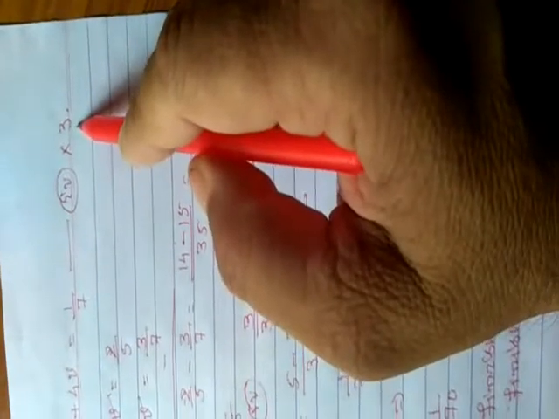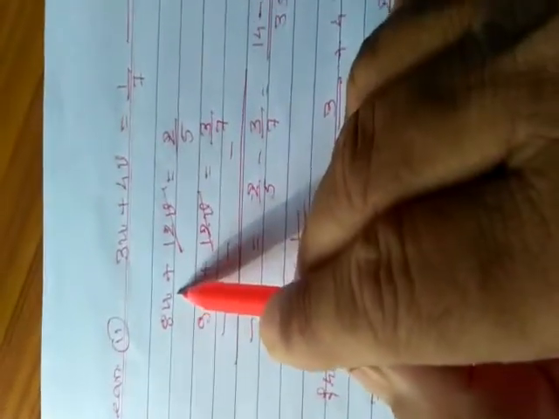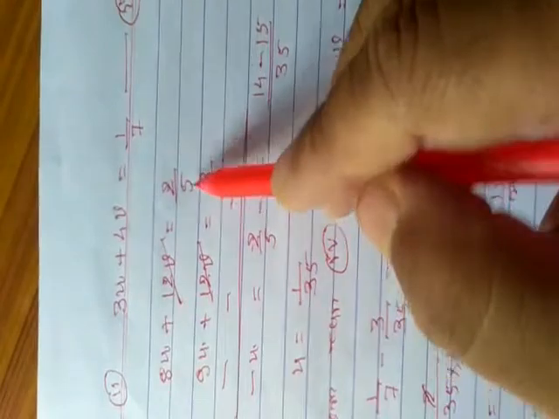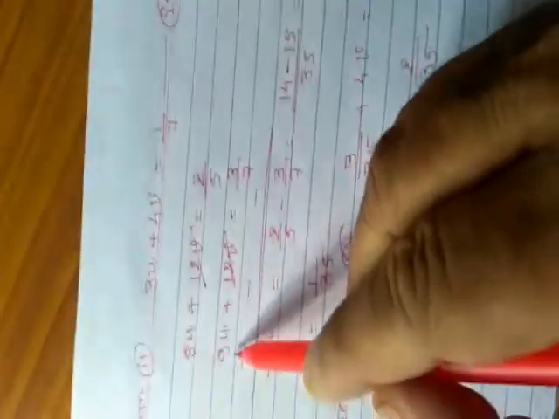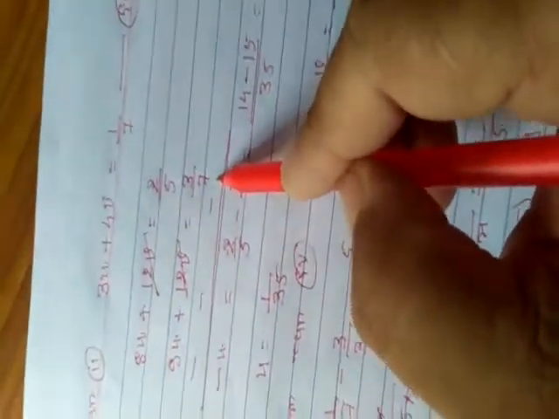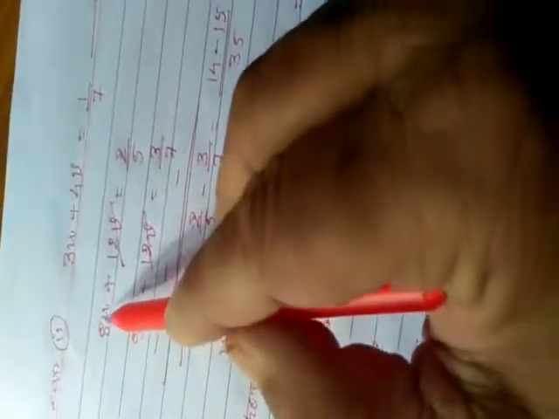by 3. So after multiplying equation number 3 by 2, we have 8u plus 12v equals 2 by 5. And when you multiply equation number 4 by 3, then we have 9u plus 12v equals 3 by 7. Now do subtraction.